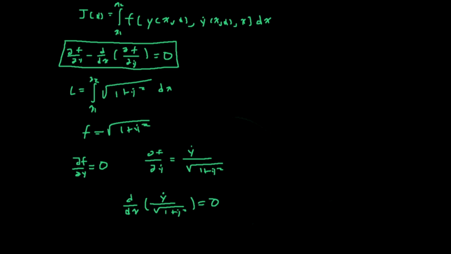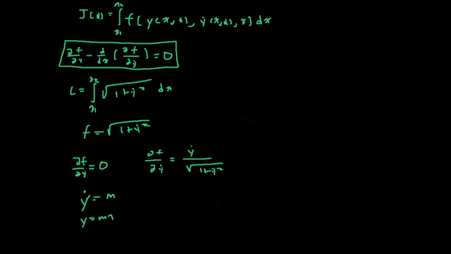So if we integrate this on both sides, we'll see that this quantity right here is constant, which just means that y prime is constant. You can do the algebra for that if you want. So y prime is constant, and we can call that constant m, and then take the integral with respect to x on both sides.